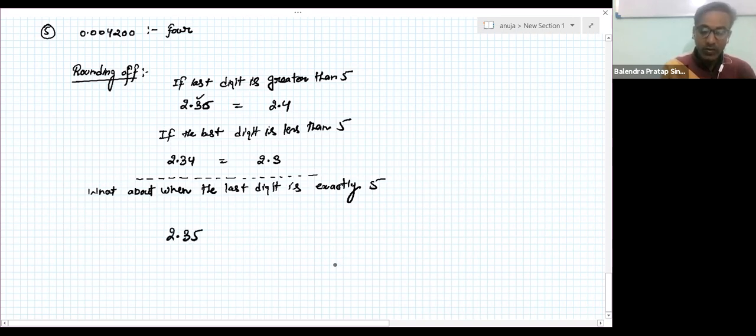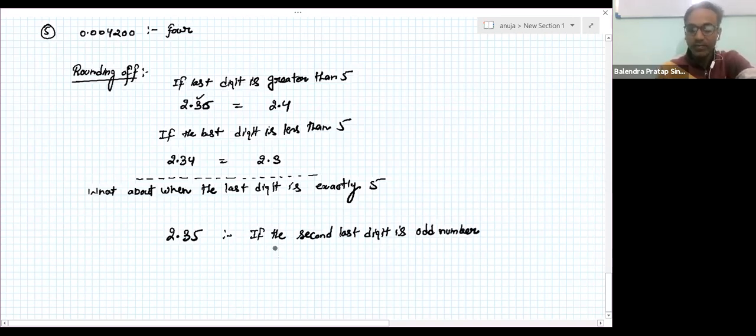The rule says that if the second last digit is an odd number, then increase it by 1 digit.